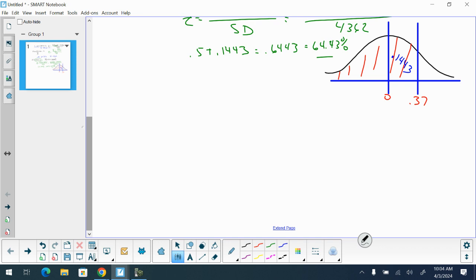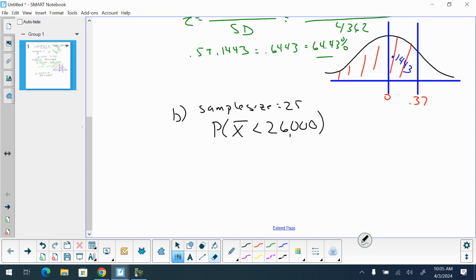Part B says, find the probability of randomly selected sample of 25 individuals, the mean salary is below $26,000. So now in part B, we have a sample size of 25, and we want to judge what's the probability that their mean is less than $26,000. So now we're dealing with a sample size.